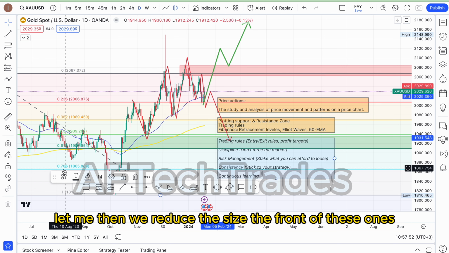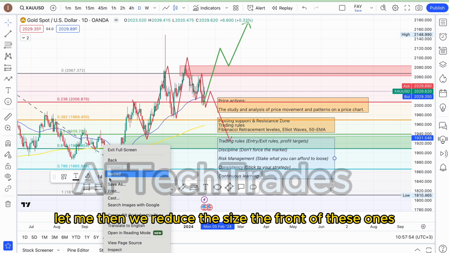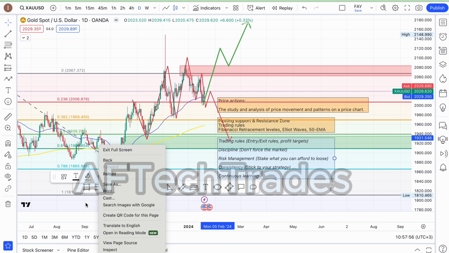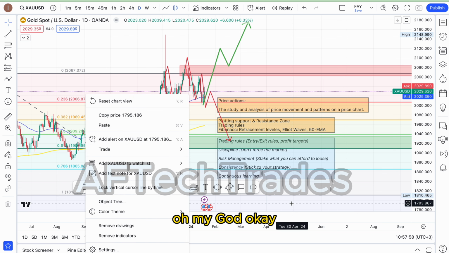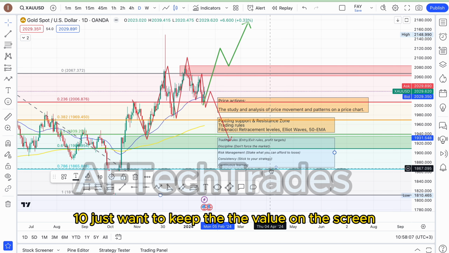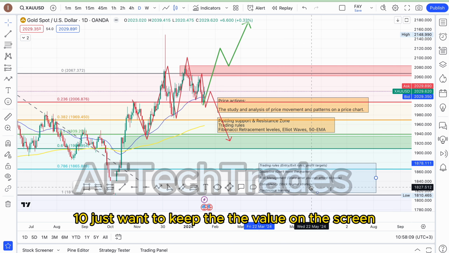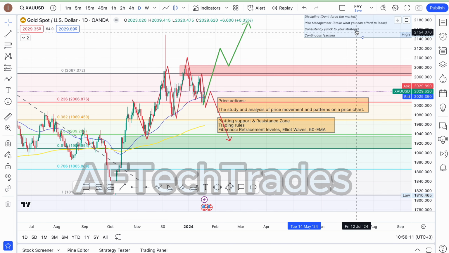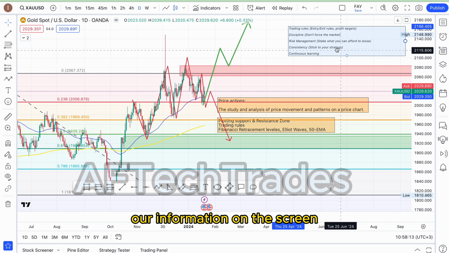Let me reduce the size, the font of these ones. Okay. I just want to keep the values on the screen, our information on the screen.